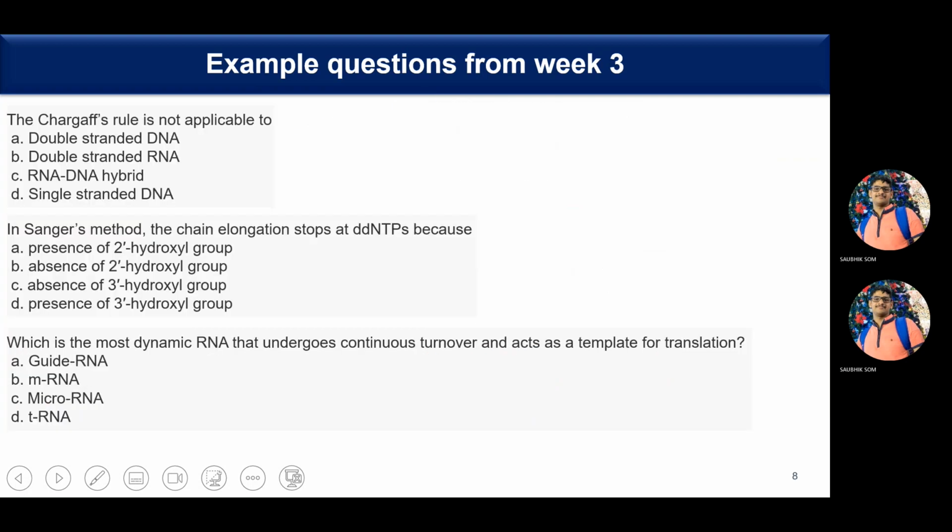Okay. Chargaff's rule is not applicable to double-stranded DNA, double-stranded RNA, RNA-DNA hybrid, or single-stranded DNA.